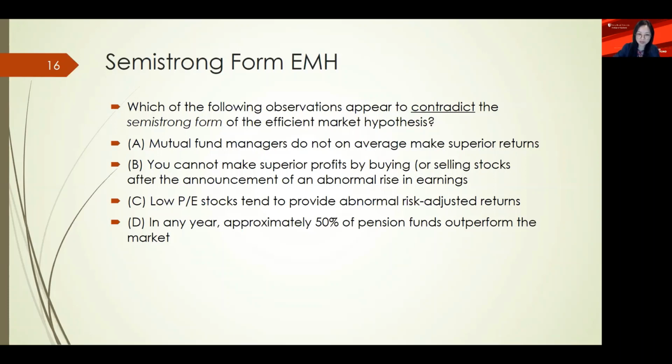So we have A, B, C, and D. Again, this question has only one best answer instead of multiple answers. So I'm going to launch my poll to get your input. Okay, go ahead. Tell me which one you think is the best evidence against the semi-strong form EMH?